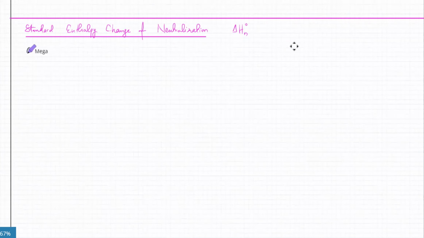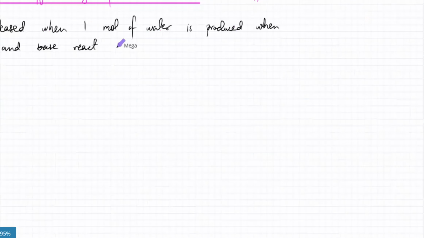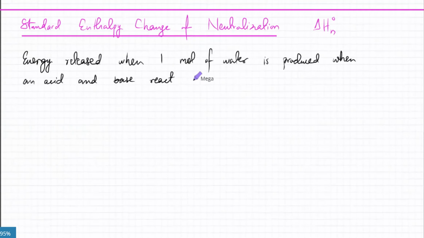It's the energy that would be released when 1 mole of water is produced when an acid and an alkali, or simply a base, react, measured under standard conditions.